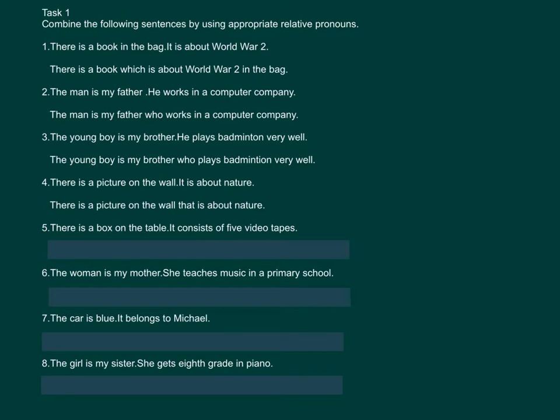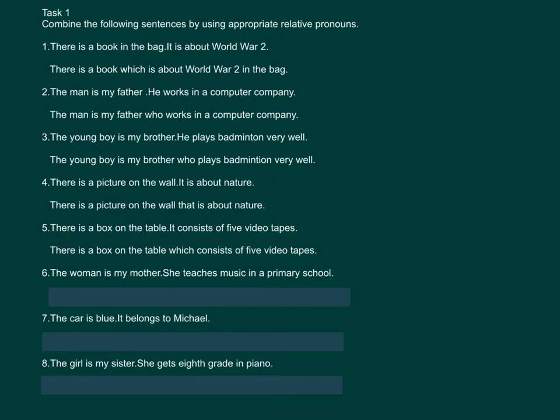There is a box on the table. It consists of 5 video tapes. The answer is: there is a box on the table which consists of 5 video tapes.